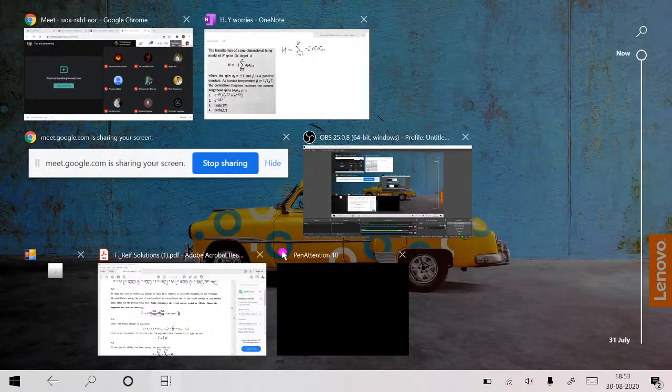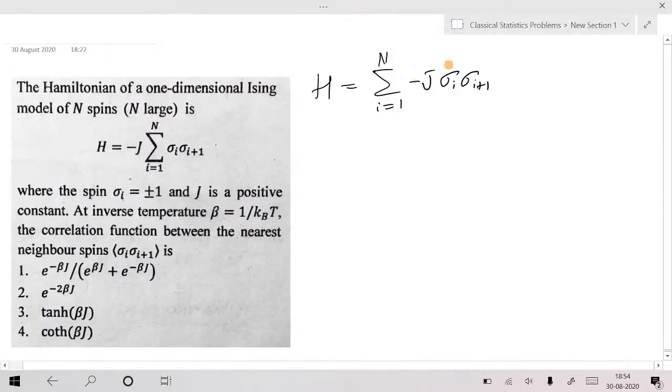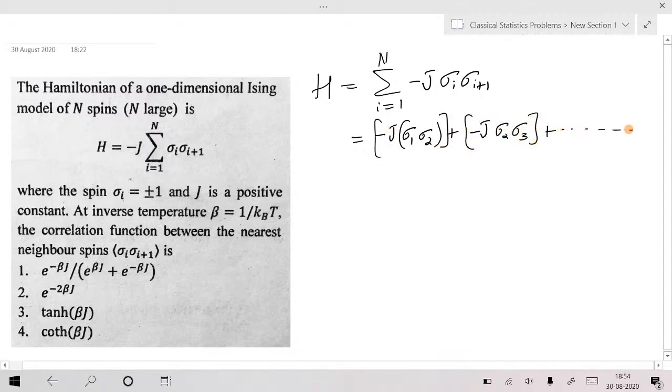But I'm going to apply the same logic here, okay? So even though this is an interaction term, actually I can write it like this: minus J into sigma 1 sigma 2, plus minus J into sigma 2 sigma 3, plus and so on, isn't it? I can just continue like this.